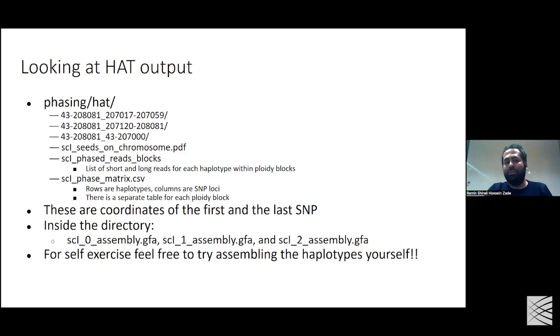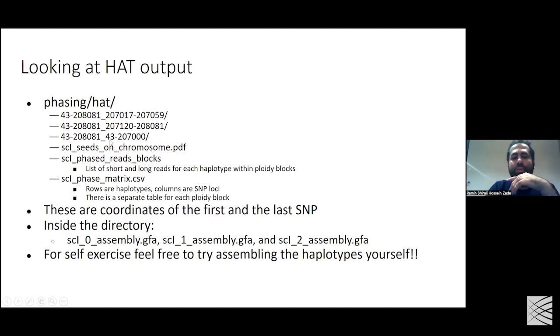If we had another ploidy block in this example, there would be another directory with the start and end position of that ploidy block. The ploidy blocks do not overlap with each other. In this example we only have 1 ploidy block, that's why they are sharing a start and end.